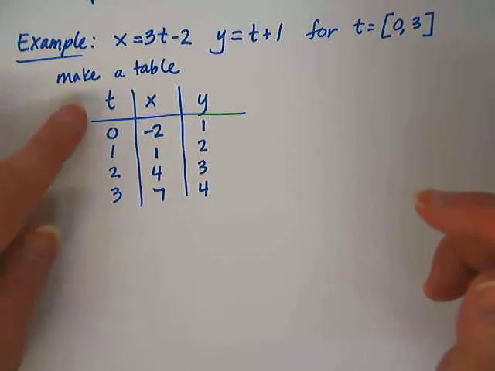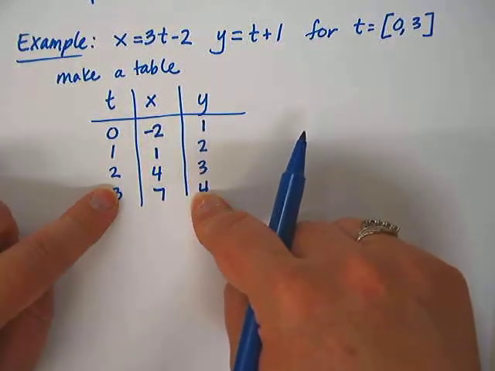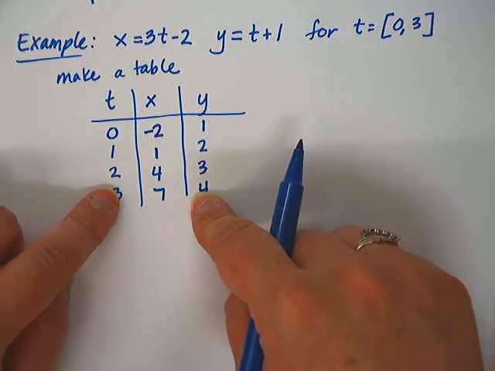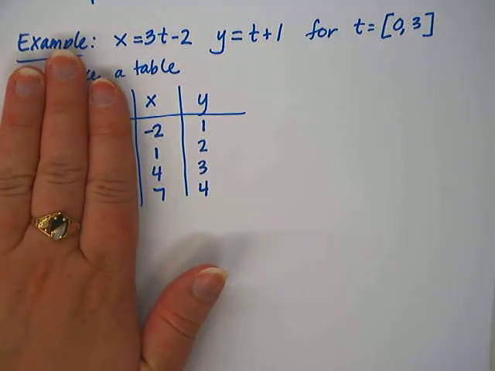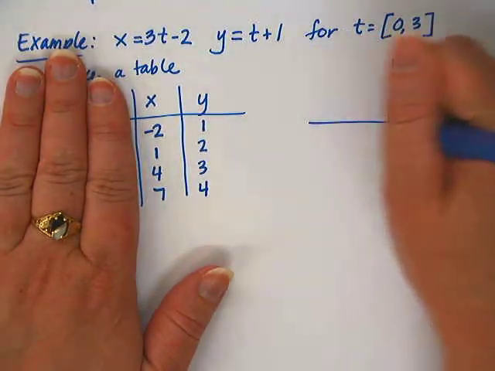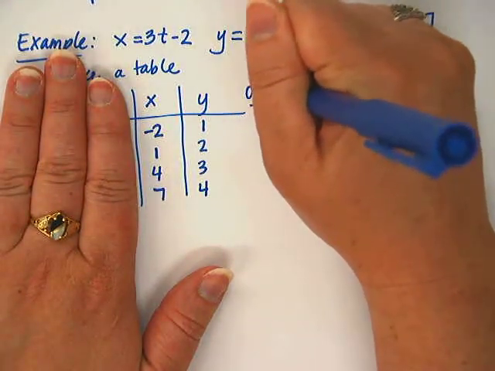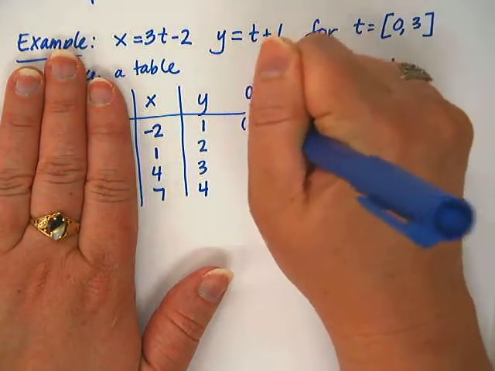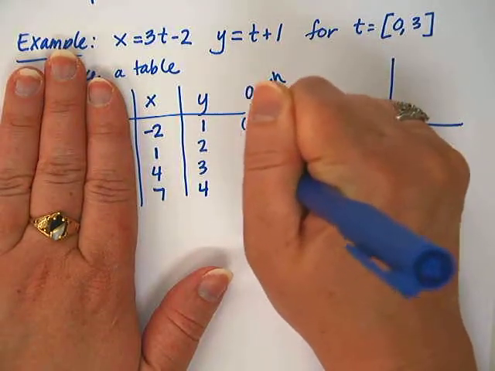And Kamai, for t equals 3, y is 4. Okay. So t was just the parameter, just the guideline that we plugged in to help us find these positions of our object in motion, right? So guess what we do now? We ignore the t. And we graph these points.